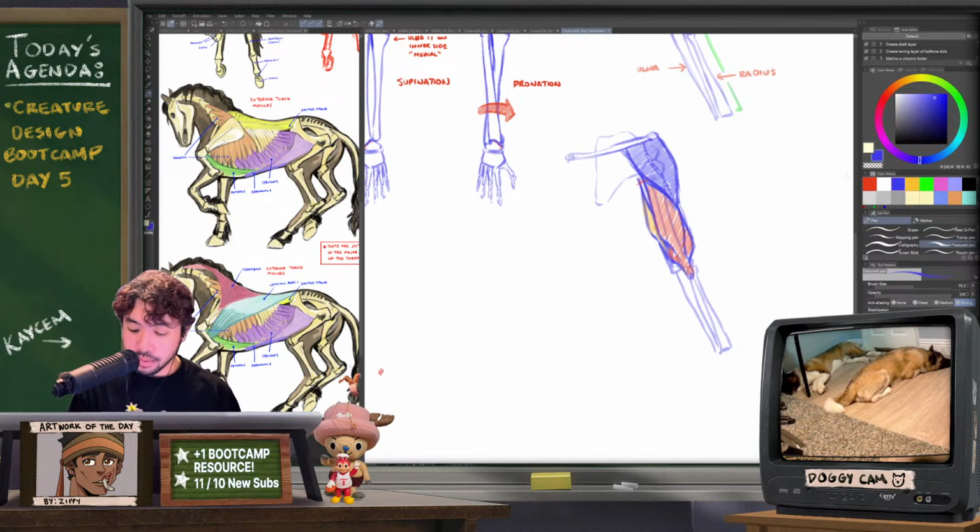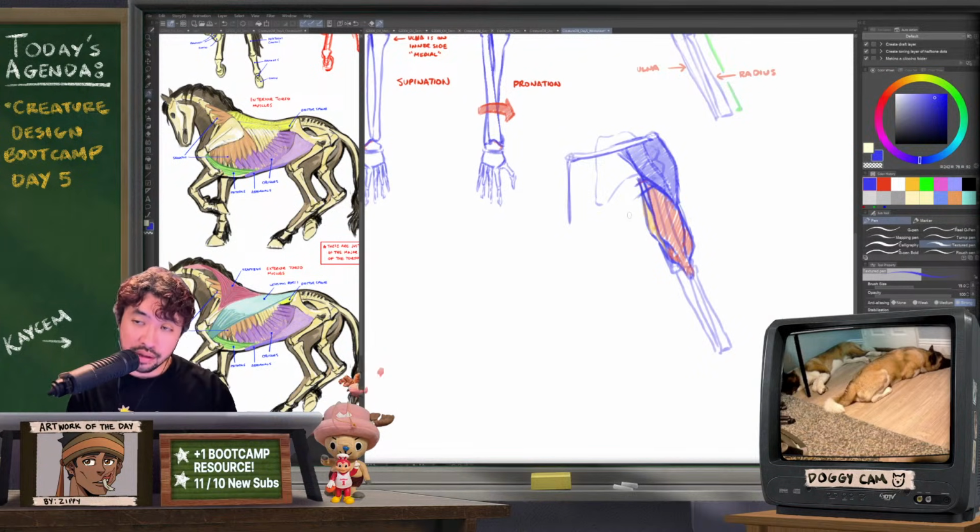Now, another important muscle that we probably should really talk about is the pectoral muscles, right? Now, the pectoral muscles are essentially your chest muscles, and these are going to connect over to the humerus bone and also to the clavicle and then also to the sternum.